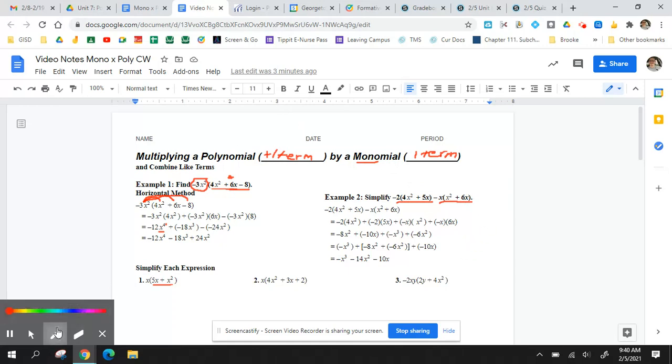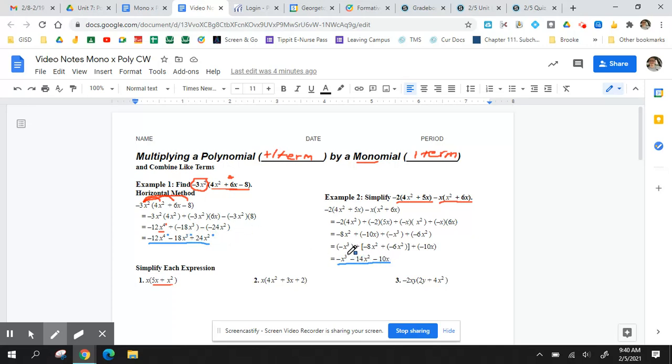Real quick before we get started, if you notice this answer here in blue and this one here in blue, the exponents are going down in decreasing order. You take your highest exponent and you want to write it first. So to the 4th power, we would write it first, and then to the 3rd, and then to the 2nd. And if we had more, we would keep writing it down in descending order, okay?